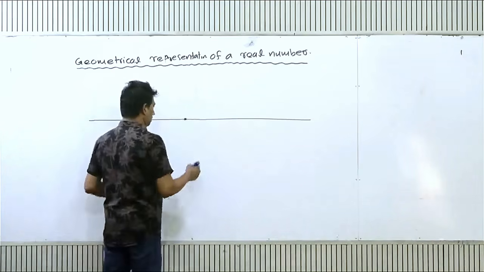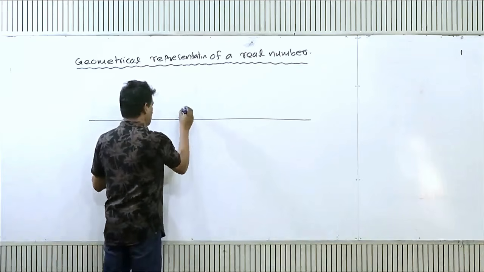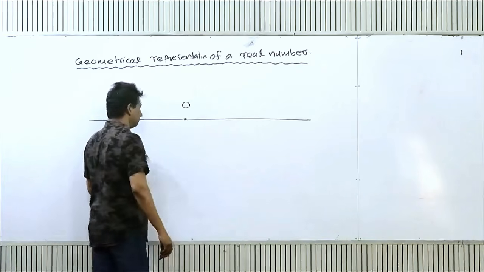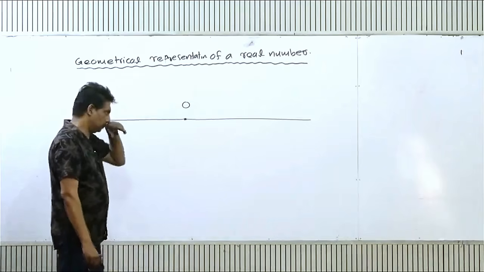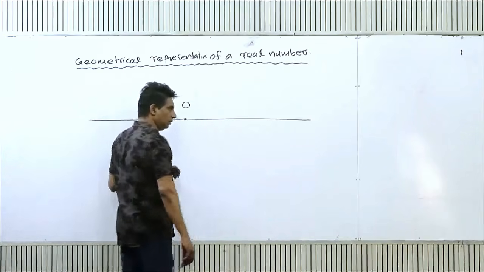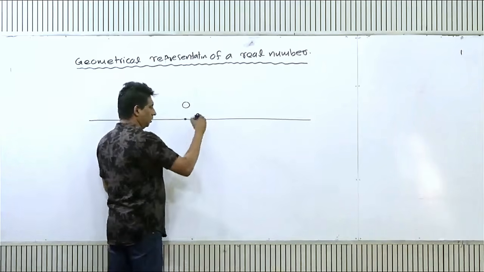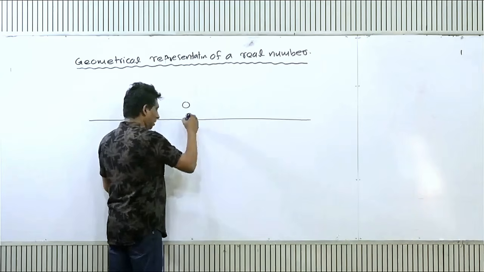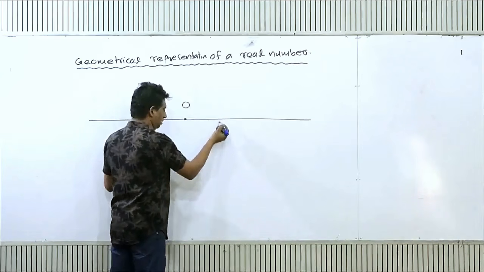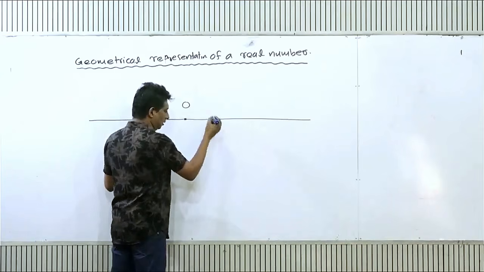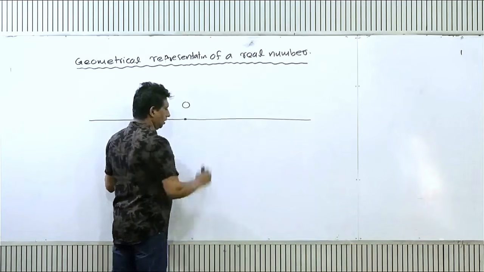And you can think this point represents 0. This point represents 0. Then, if we mark any point on the right hand side of this point on this straight line, that point denotes positive real numbers.